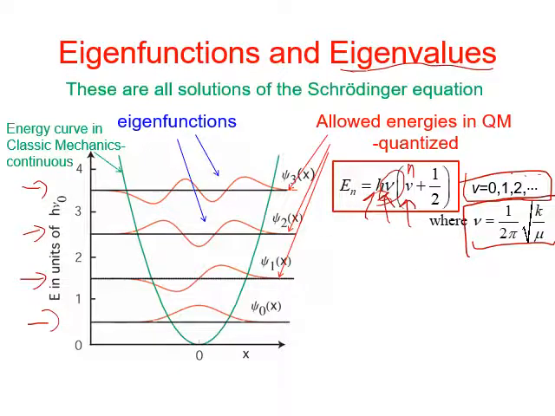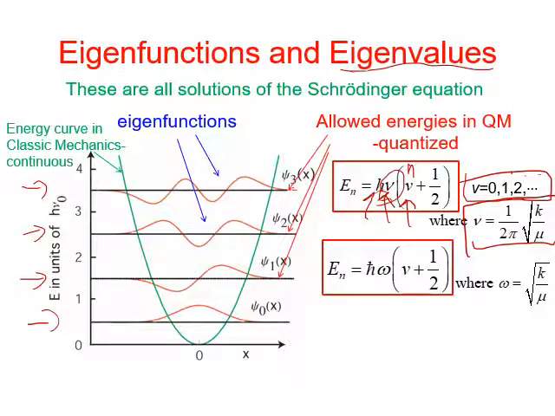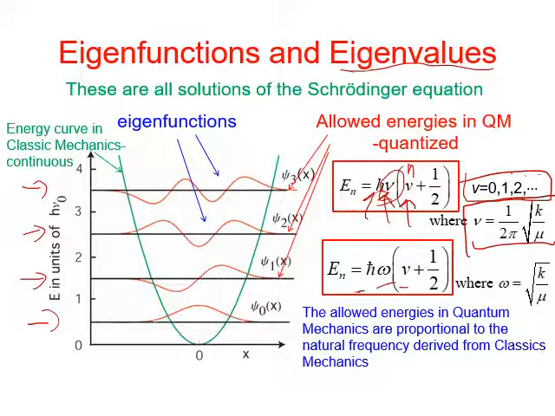Another way to write this energy is to use h bar times angular frequency, times the quantum number plus 1/2. So the allowed energies in quantum mechanics are proportional to the natural frequency derived from classical mechanics.